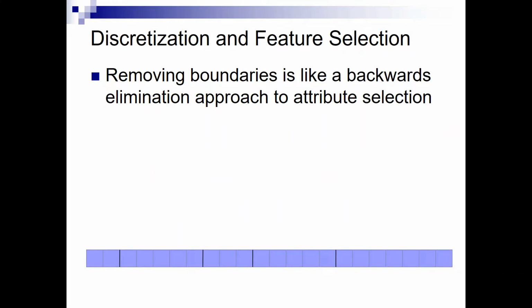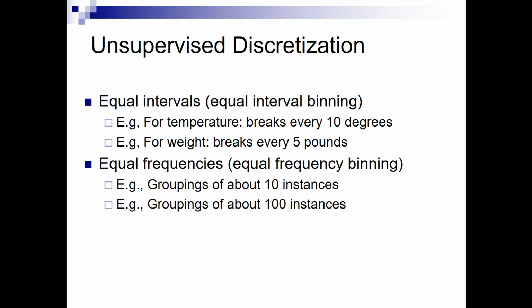You could remove boundaries and aggregate across your nominal values, and in so doing, it's like backwards elimination feature selection. Both of those would be supervised forms of discretization. You would use reference to your class value to pick places to insert those breaks that would improve your performance. But there are also unsupervised forms of discretization.